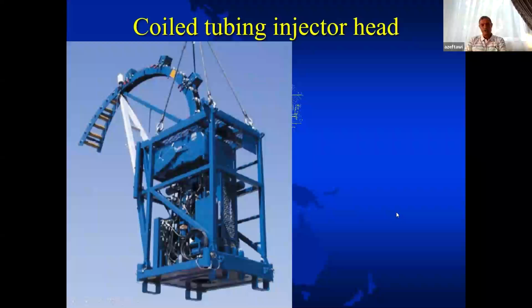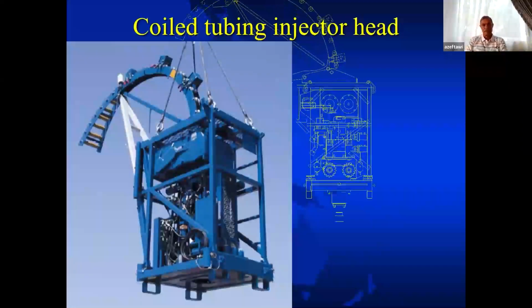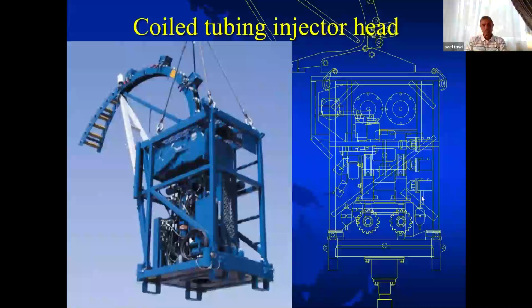So if we look closer at this injector, here it is. Here are our motors. This is our primary barrier, which is the stuffing box. Here are the small accumulators to absorb the vibration of the chains. And let us take all these steel elements out.